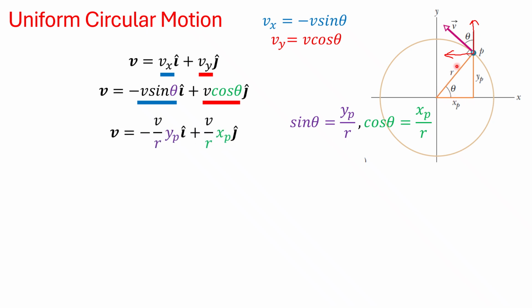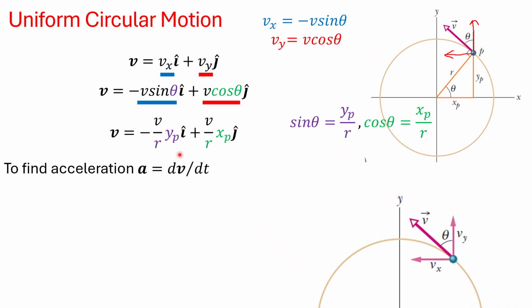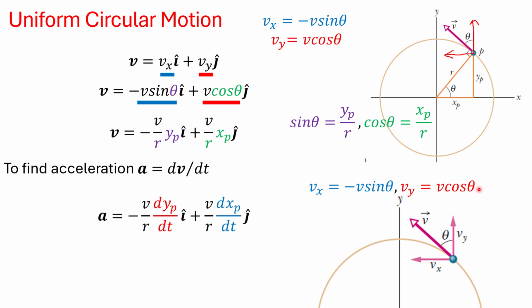So if we replace sine theta and cos theta, we obtain this equation. Our aim is to obtain acceleration. To find acceleration, we need to differentiate velocity once with respect to time, and we will be able to obtain acceleration.